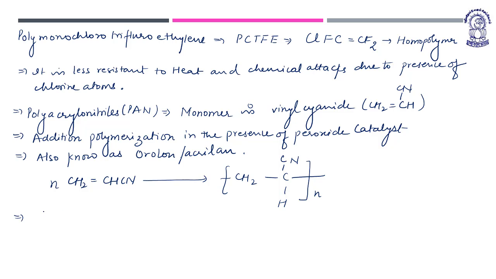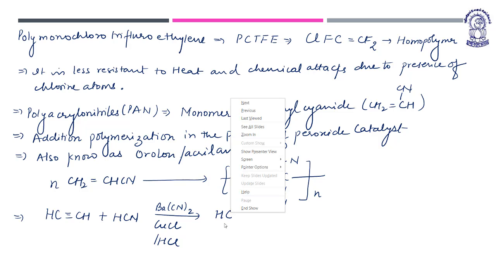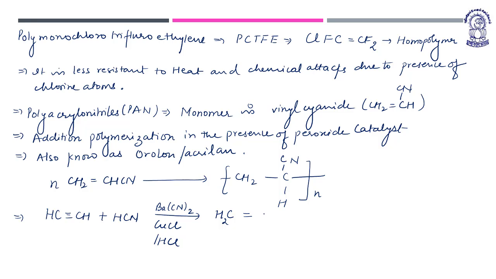Vinyl cyanide can be prepared by the attack of HCN on ethylene in the presence of Ba(CN)2, or CuCl in the presence of HCl, to form vinyl cyanide.